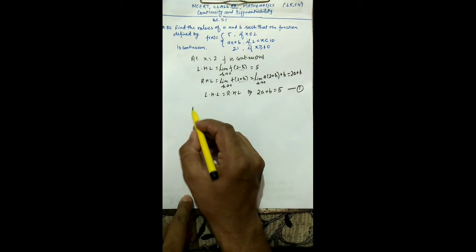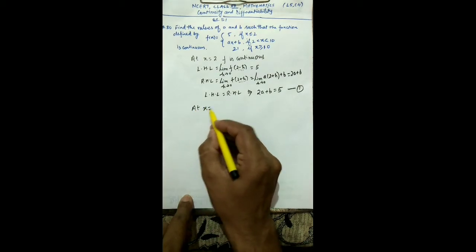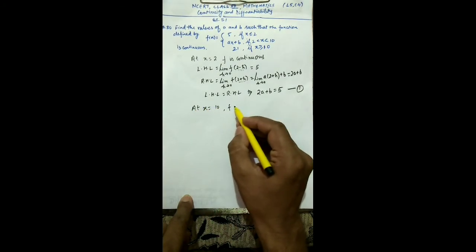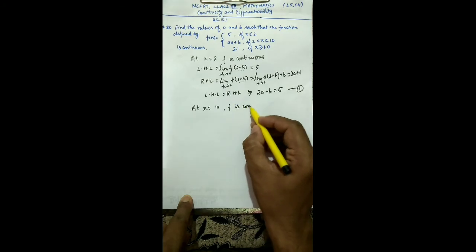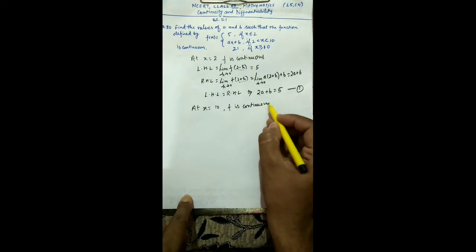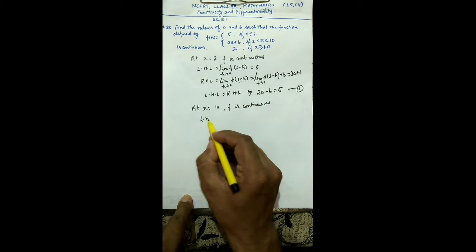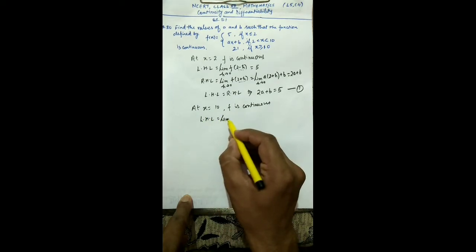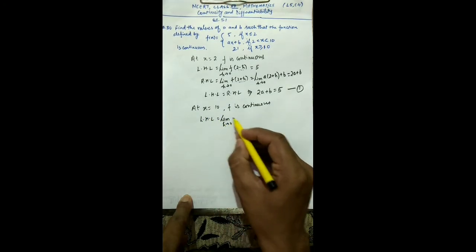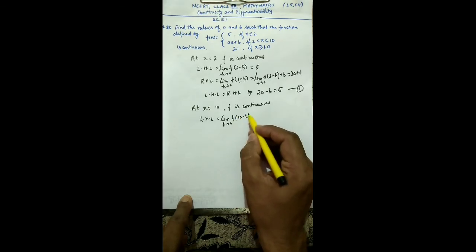Now we again use that at x equal to 10, f is continuous. So we take the left hand limit at x equal to 10: the limit as h tends to 0 of f(10 minus h).